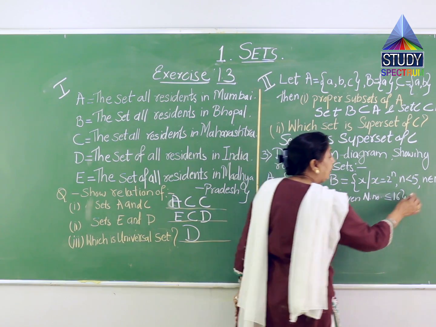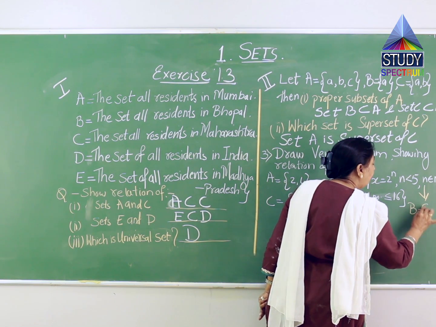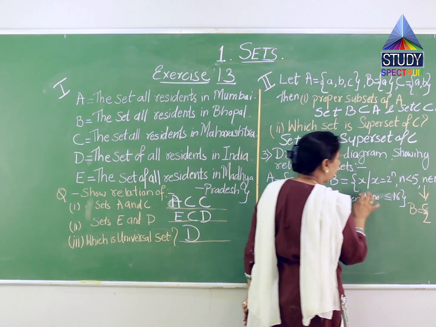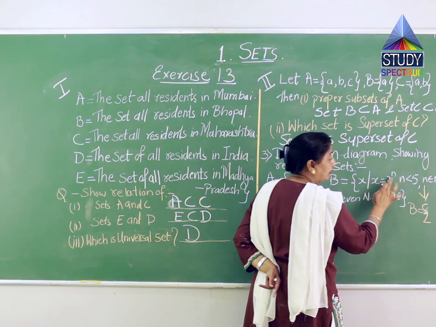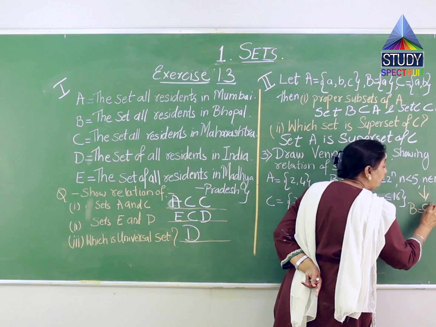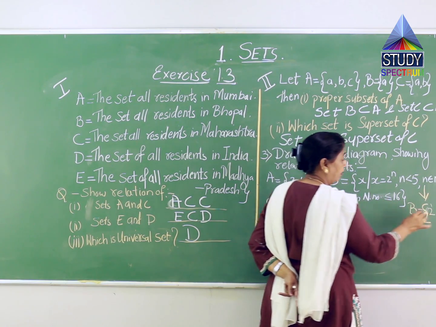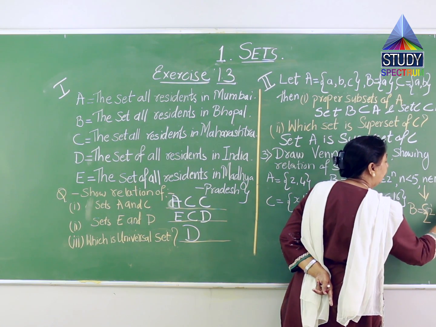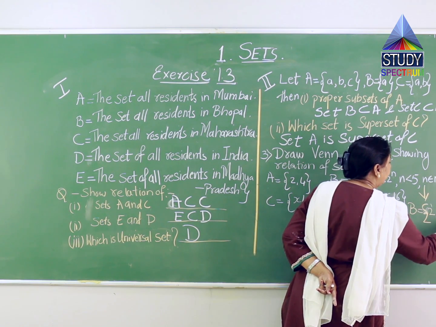So this set in listing form, I can write B equals to what? n is, as they have said, a natural number, so that will be n less than 5. So it will be 2 raised to 1, as the natural numbers start from 1, then 2 raised to 2, 2 raised to 3, 2 raised to 4. Right?